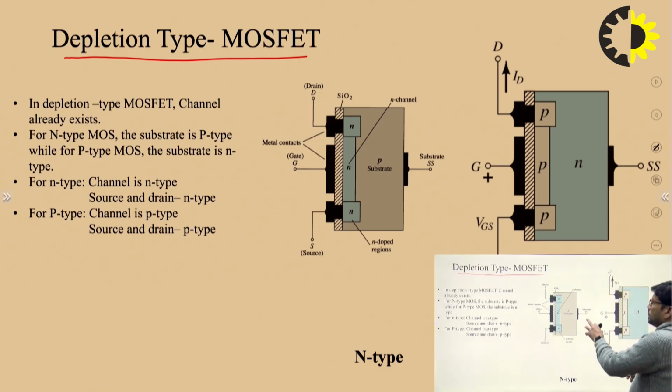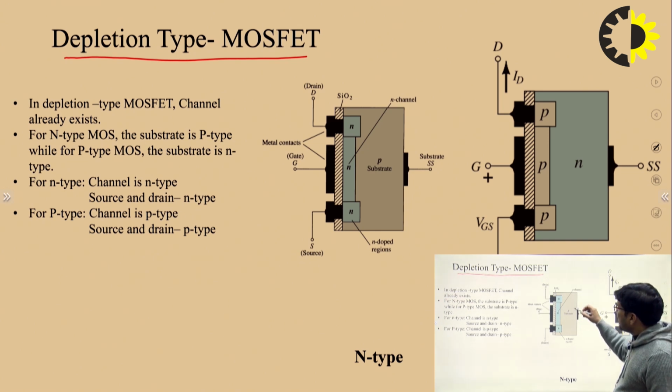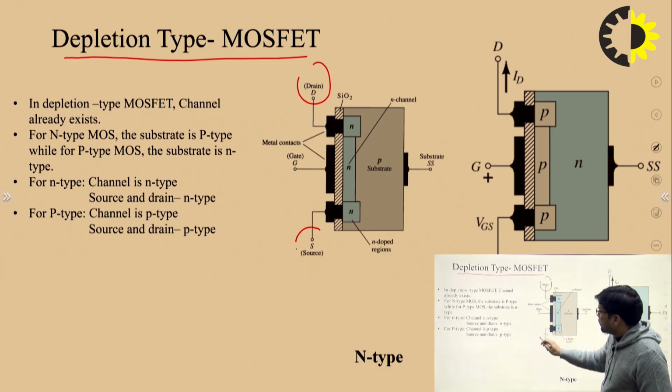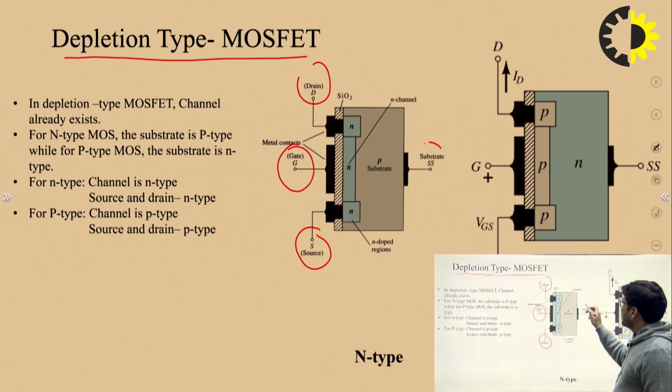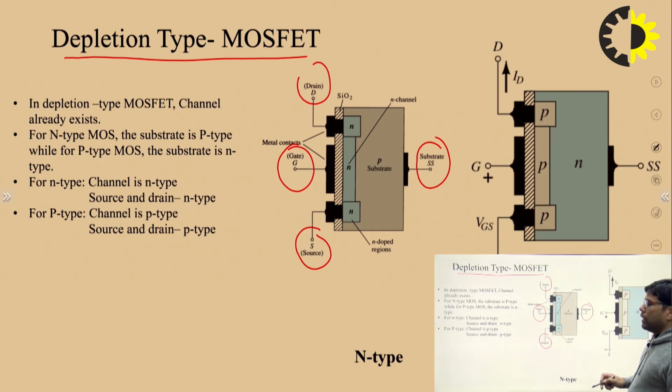If you look at the construction point of view, this is a substrate. This one is the drain, this one is the source, this one is the gate terminal, and this one is the substrate terminal. We also call this a body terminal as well, and this one is the channel. So in depletion type, the channel is already present in the picture.